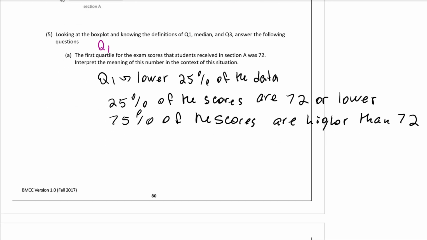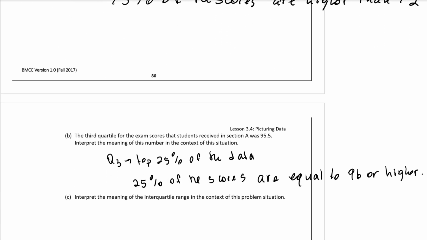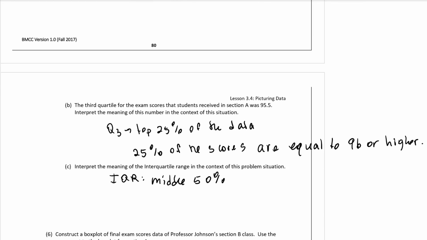All right, and finally, interpret the meaning of the interquartile range in the context of this problem. I'll give you a moment. Well, this is the IQR that represents the middle 50%. So how would you say, the middle 50% of the scores are between, and then we take those two numbers, right?